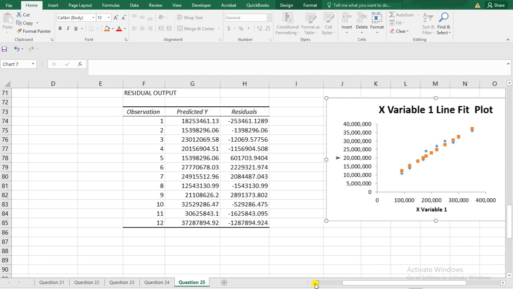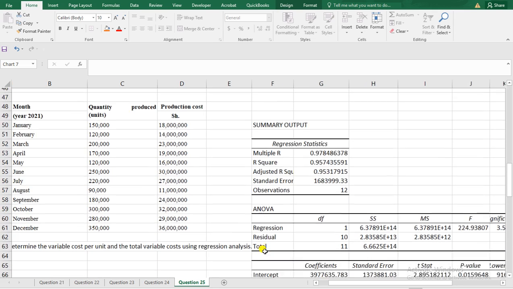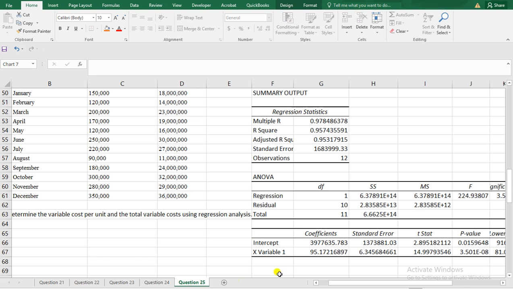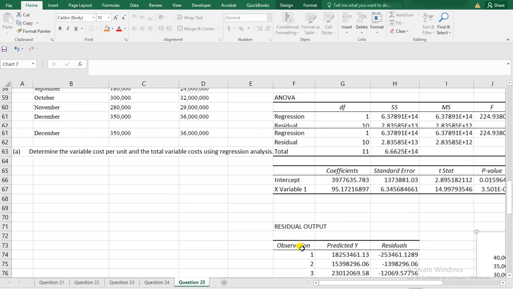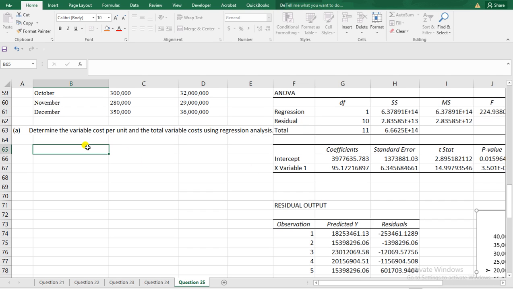Alternatively, you'll find that there are students who will do it like this. Before I go there, I can determine our values here, the concept of determining the variable cost per unit.